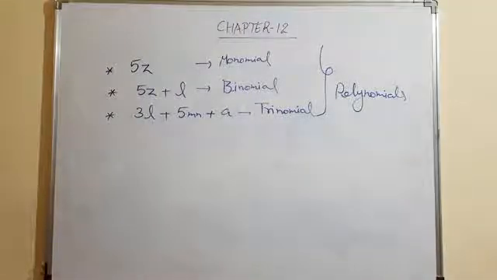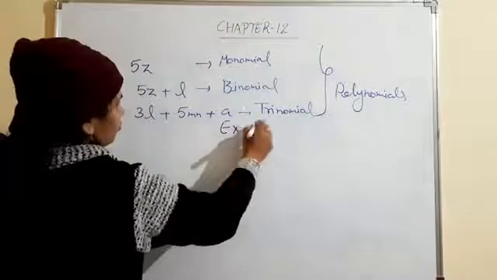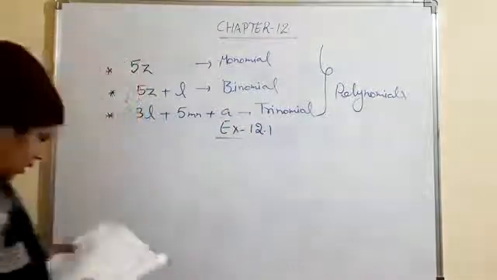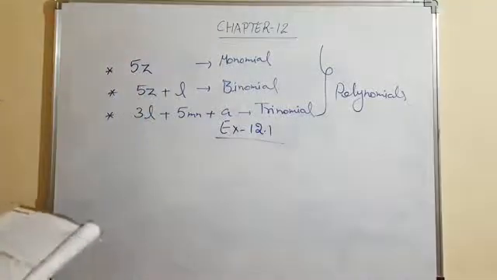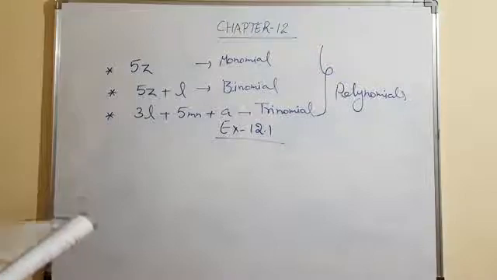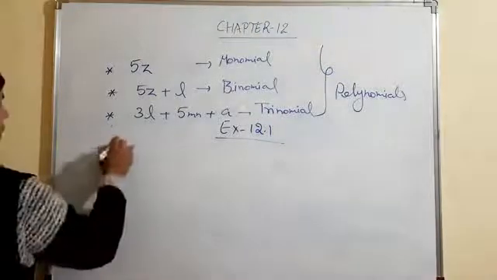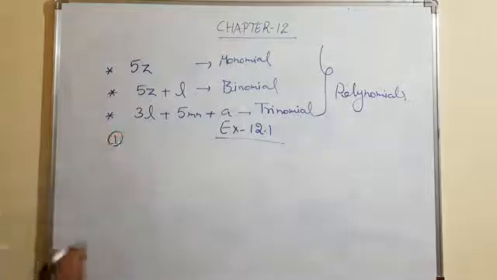After that, I am starting exercise 12.1. In exercise 12.1, the first question is: get the algebraic expressions in the following cases using variables, constants and arithmetic operations. So I am taking here some statements.